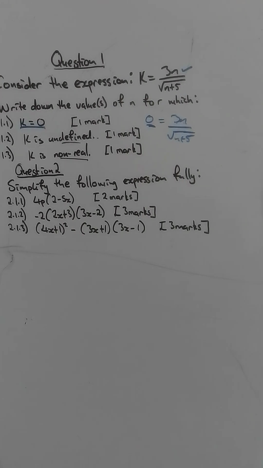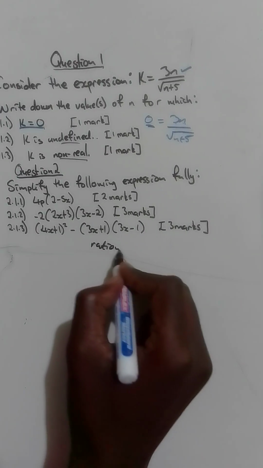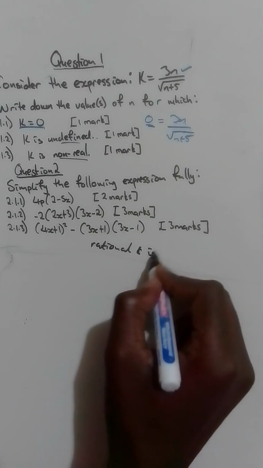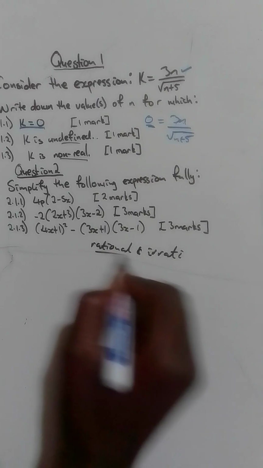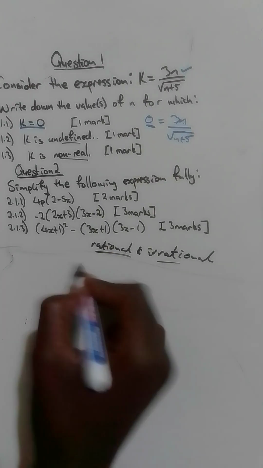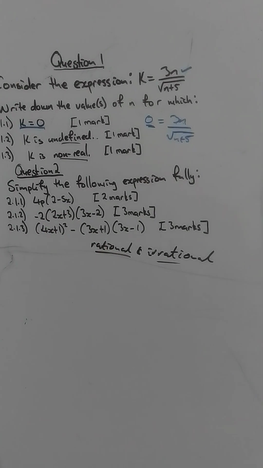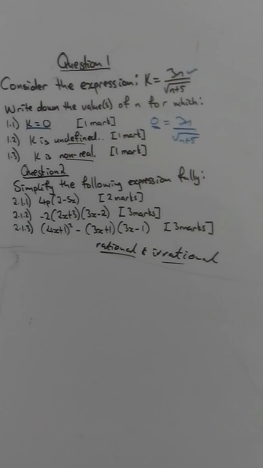Real numbers are a combination of rational and irrational numbers. So anything that is not a rational number and not an irrational number is called non-real. So in this particular instance, what would cause us to have non-real numbers?